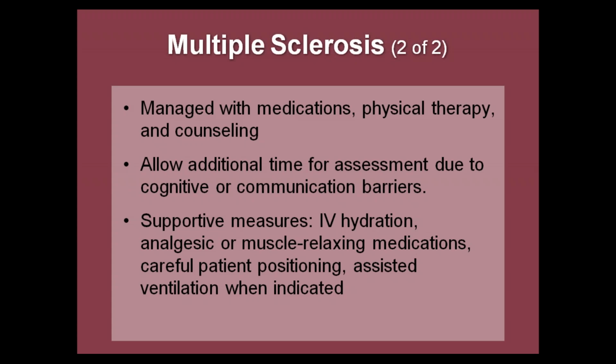Allow additional time to assess due to cognitive or communication barriers. And again, supportive measures: IV hydration, analgesics, muscle relaxing medications, which we don't really carry. But if that patient has some, help them take it if need be, as prescribed. Careful patient positioning and assist ventilation when needed.